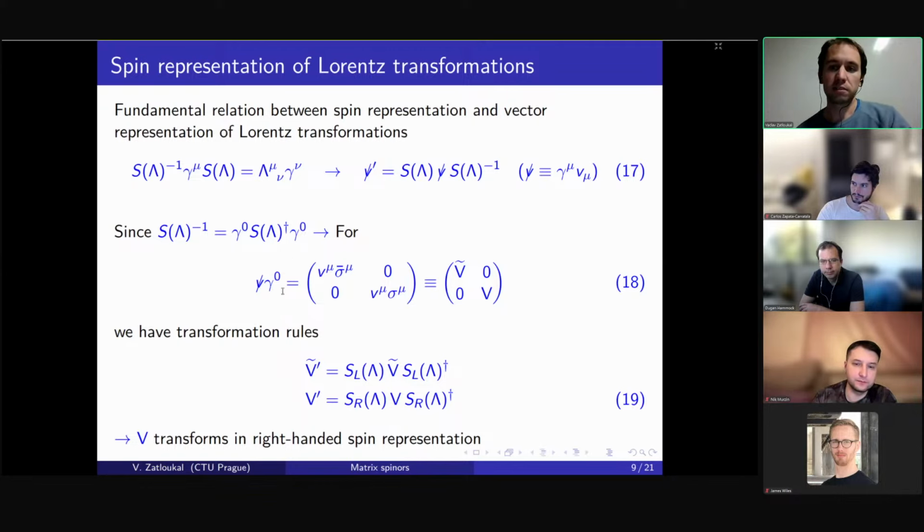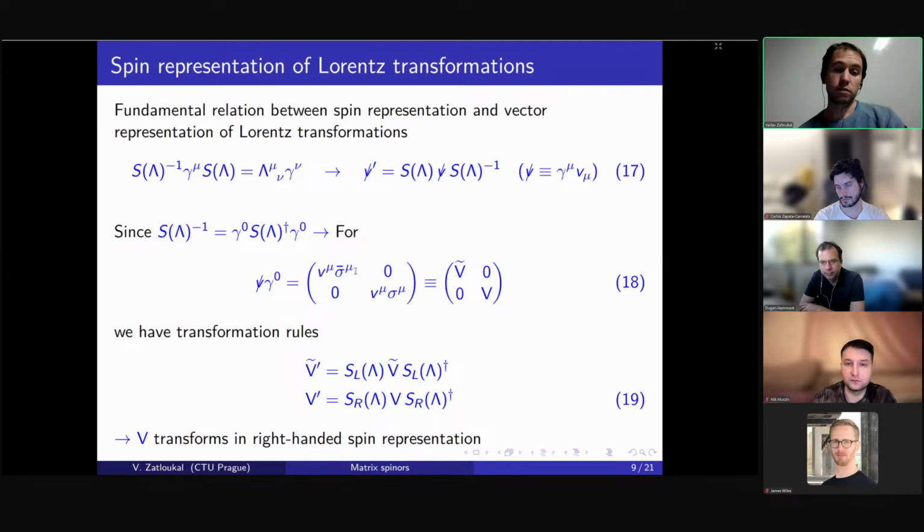We can multiply this v slash with gamma 0, and then obtain an object which has our matrix representation of space-time vectors, v mu sigma mu, as the right lower component, and the v tilde, which is an analogous thing, but with the sigma bar matrices.